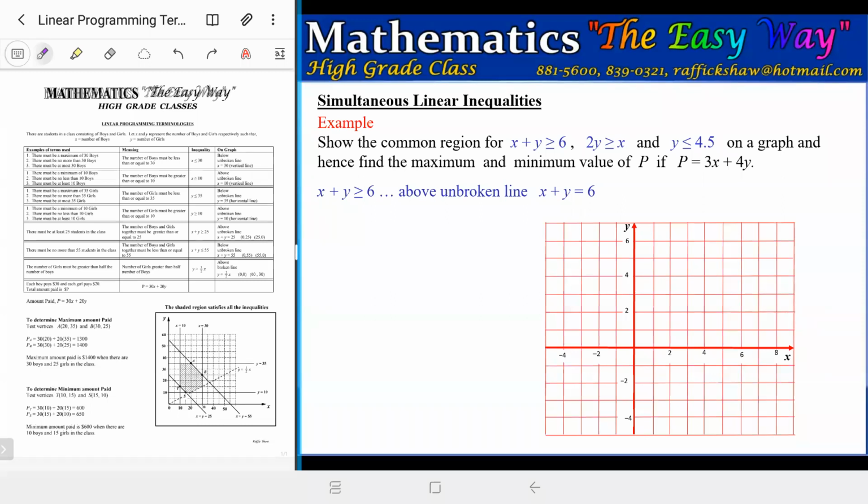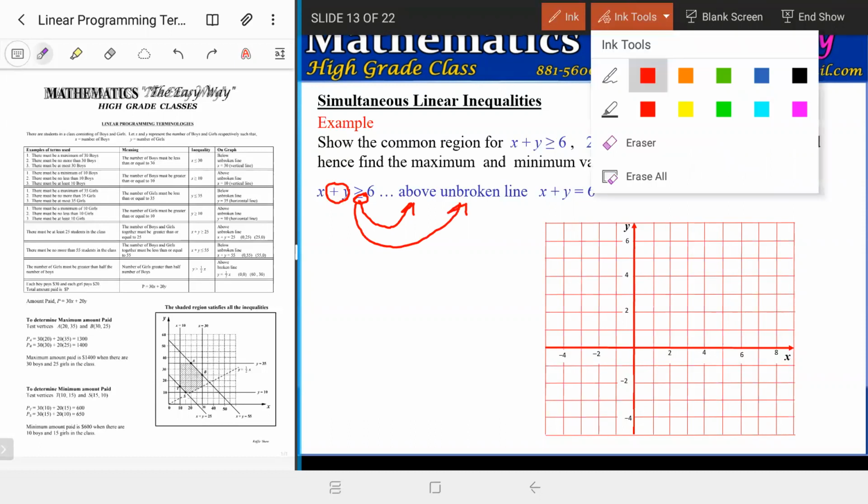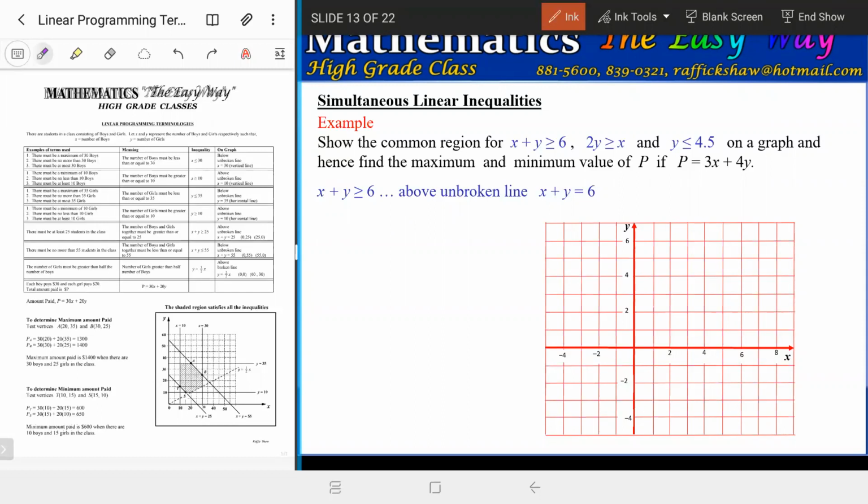The unbroken line we're going to draw is the line x plus y equals 6, because that is the line associated with the inequality. So basically the same thing, except that you put the equal sign there.